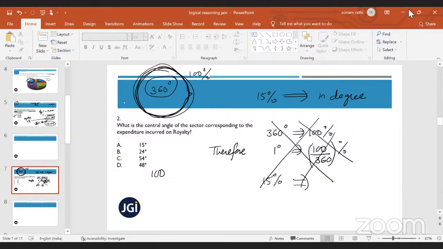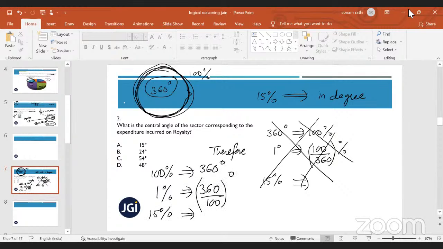So 100% is 360 degrees. 1% is 360 by 100 degrees. Therefore, 15% will be 360 by 100 into 15.